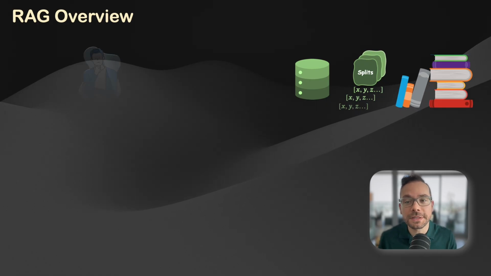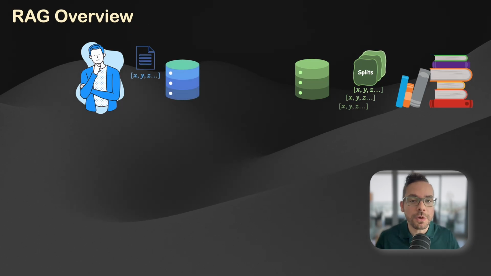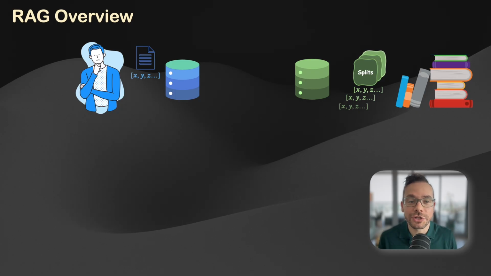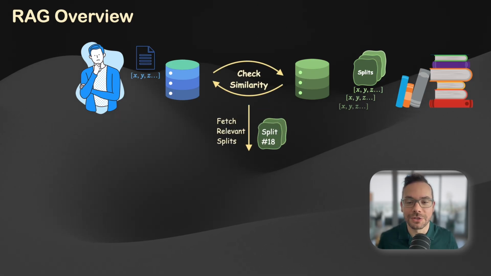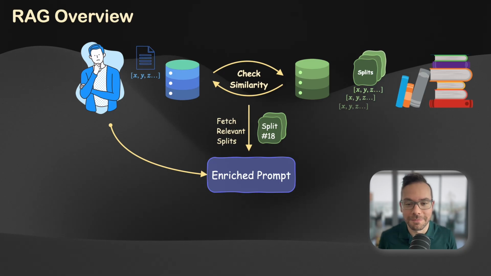When a user submits a query, retrieval kicks in. We convert the question into a vector using the exact same embedding model. Then we search the index and fetch the most semantically relevant chunks. Next is enrichment. We take those retrieved chunks, combine them with the user's original query, and slot them into a structured template to build an enriched prompt, which is the question and all the context that the LLM can rely on to answer the question.